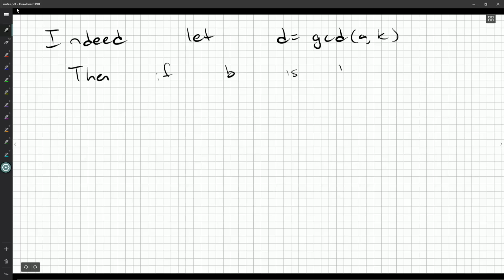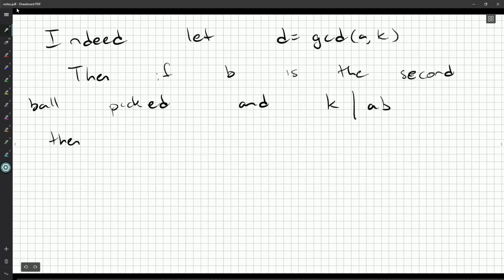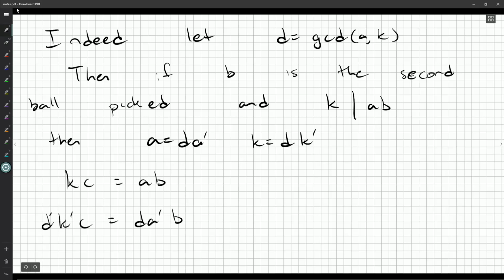Then if B is the second ball picked, and K divides A times B, so if I let A be D times whatever's left over, and K be D times whatever's left over, and since K divides AB, I'll let KC be AB, so then D K' C is equal to D A' B. Divide by D's here.